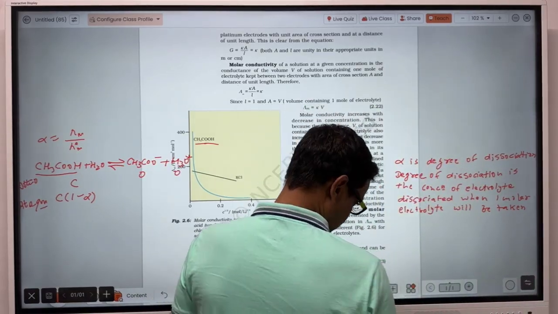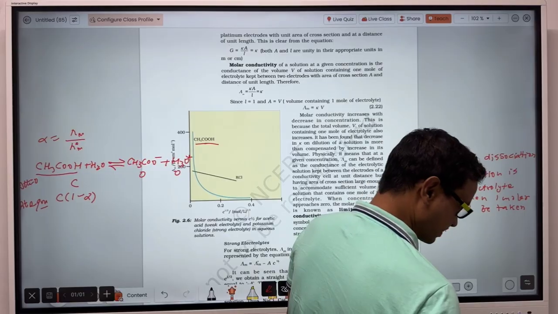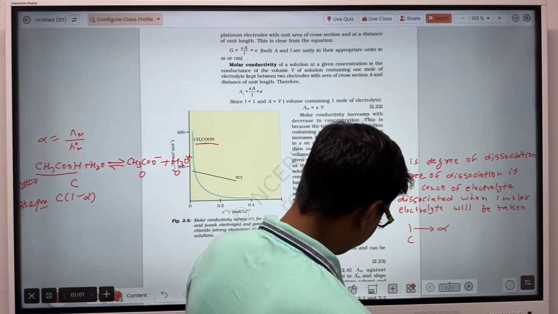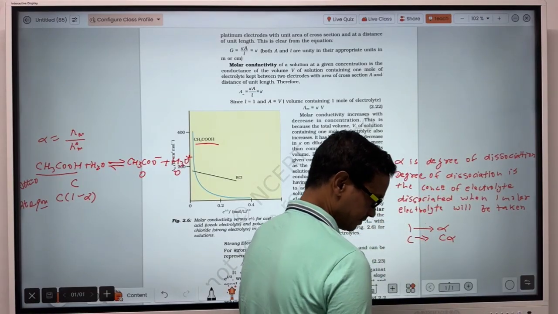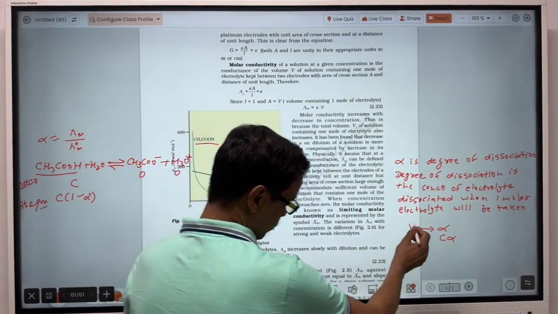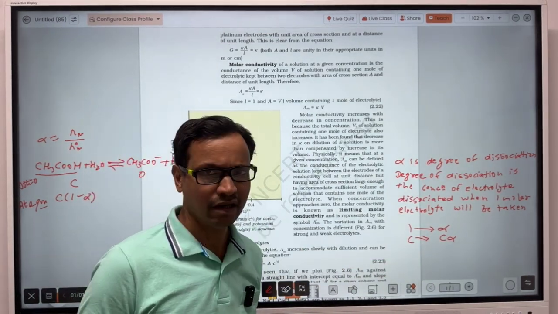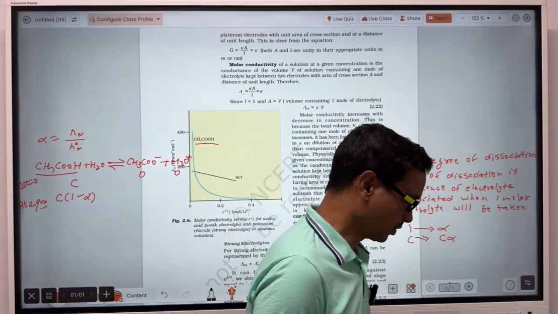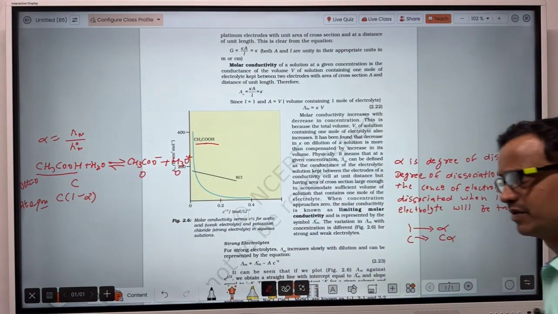Okay, so when 1 molar solution is taken, then alpha will dissociate. So when C molar electrolyte solution is taken, then C alpha will dissociate.